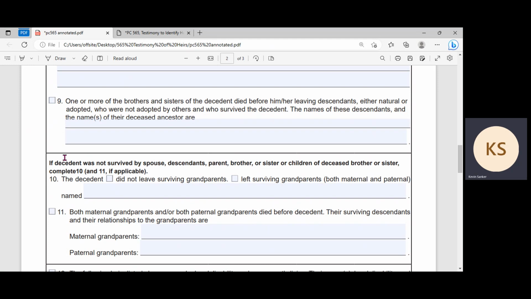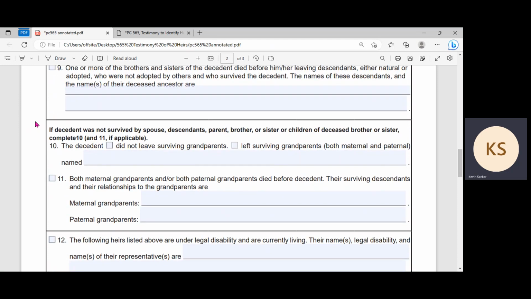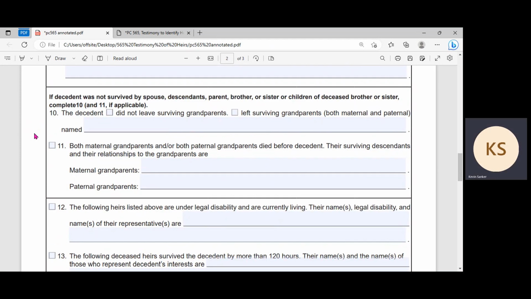So again, getting pretty remote, but if this applies, check box 9 and type in their names. Number 10, if decedent was not survived by spouse, descendants, parents, brother or sister, or children of deceased brother or sister, complete 10. The decedent did not leave surviving grandparents or left surviving grandparents named.